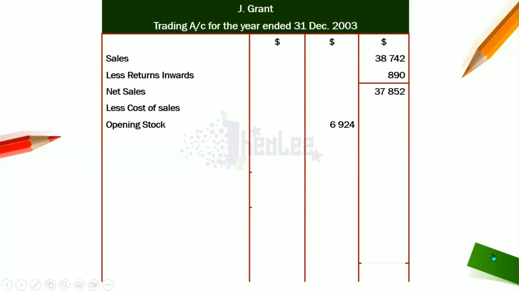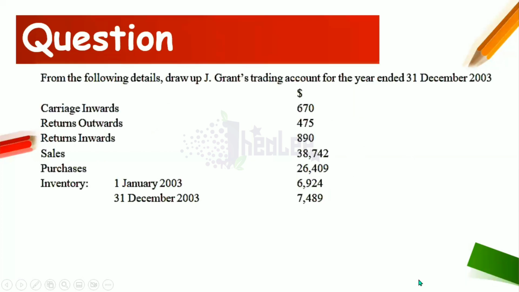Our next step is to actually add purchases. So let's move into checking to see what we have in terms of purchases. We have our purchases figure of $26,409. And in terms of that, we also have, relating to our purchases, carriage inwards, and our carriage inwards figure is $670.